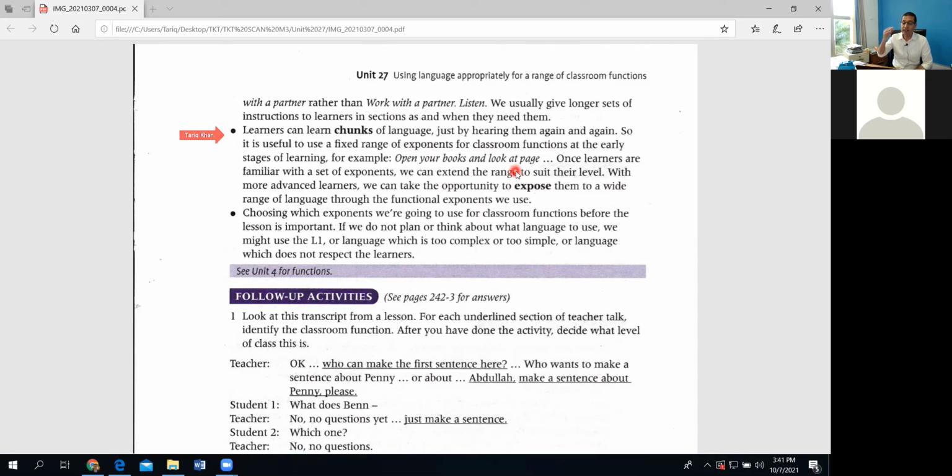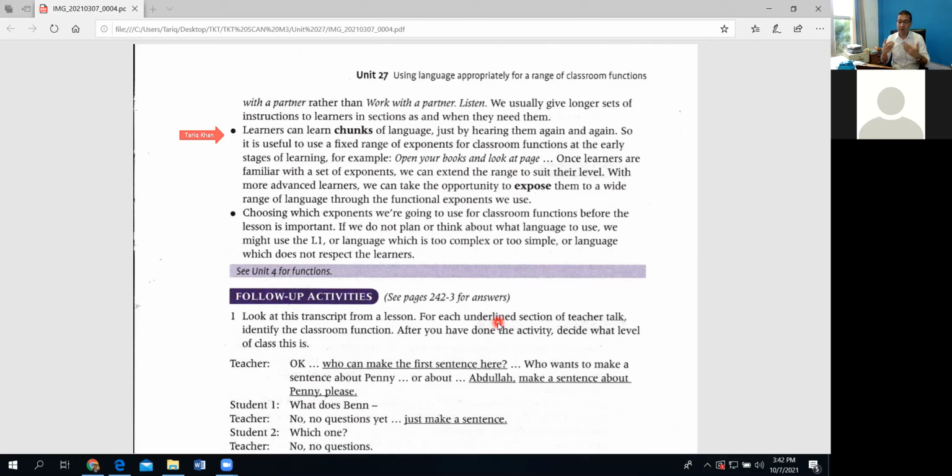The children get used to that. They can follow it easily. When they are familiar with that, then after some time you can introduce a different way of saying it. But most probably that is suitable for advanced or higher learners. So for the small ones, make a list of your different exponents for the functions in the classroom and keep that with you. The children will follow easily.